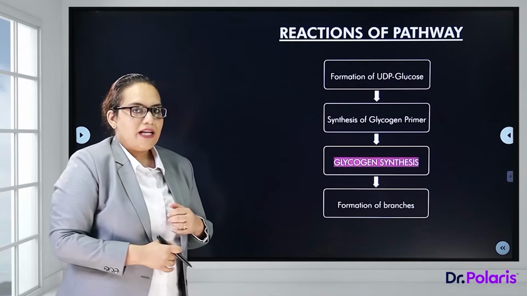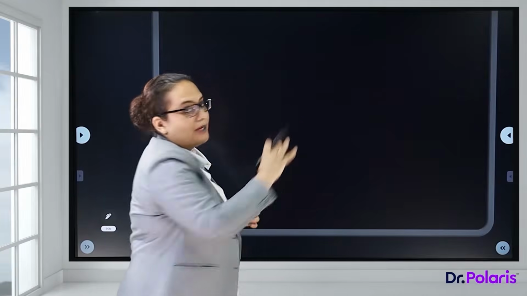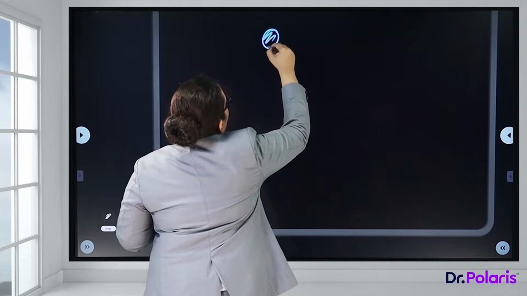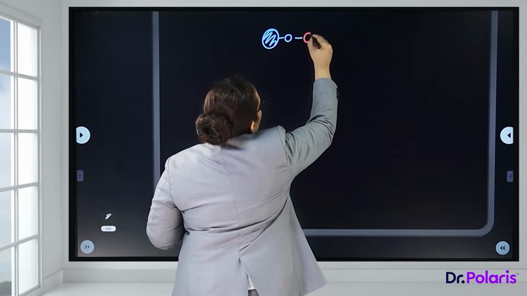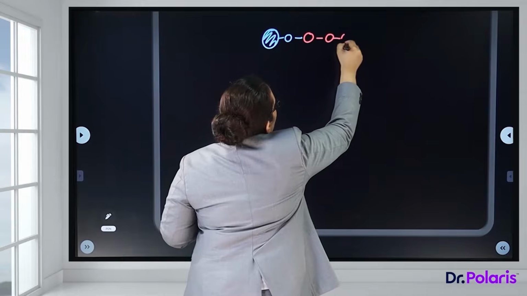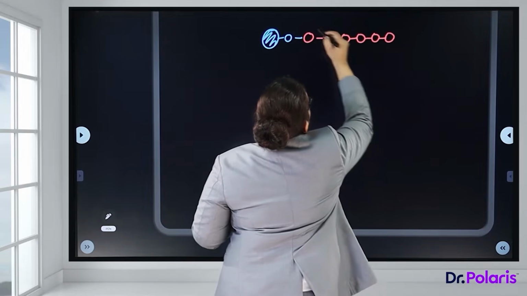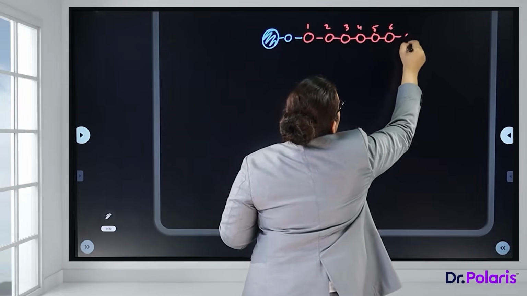The main step, glycogen synthesis. So I'll just draw the glycogen primer once again. We have the glycogenin protein. To that we have an oxygen group and then 7 molecules of glucose added. And remember, this is 1, 2, 3, 4, 5, 6 and then 7.